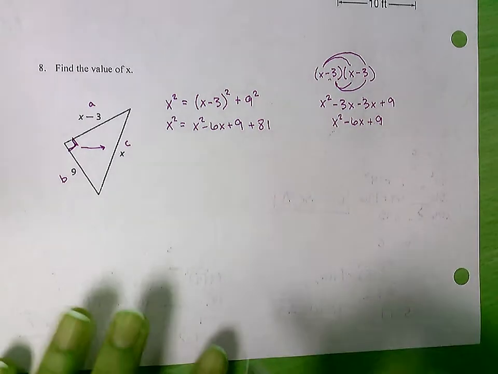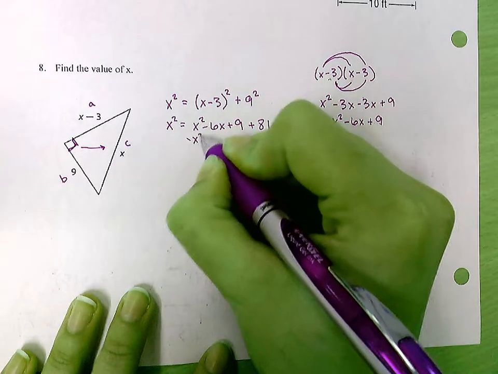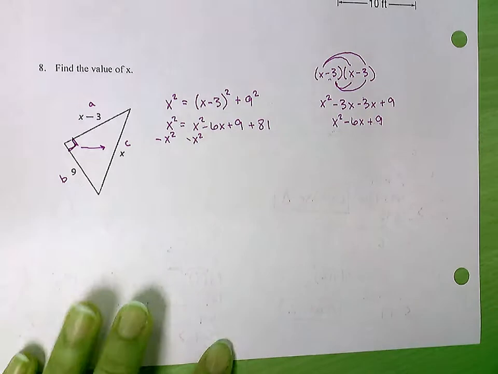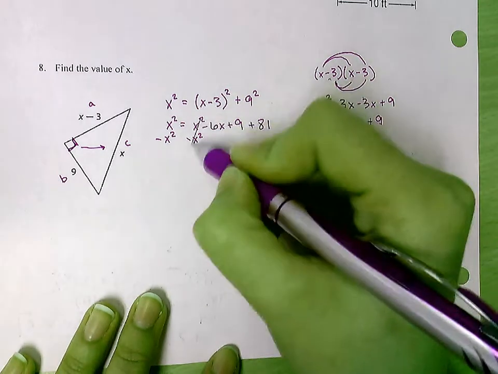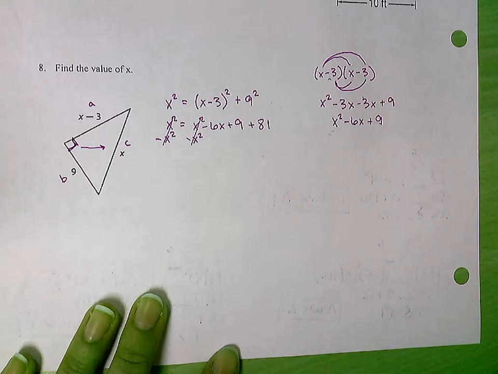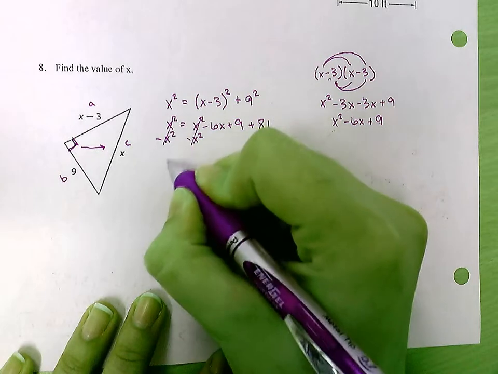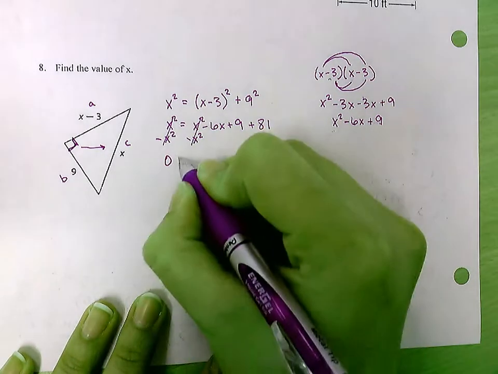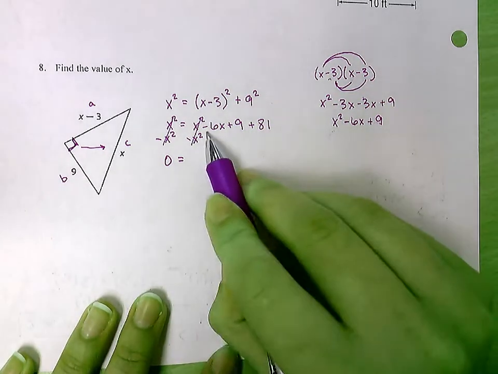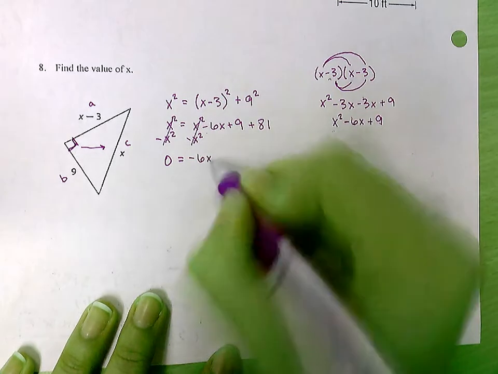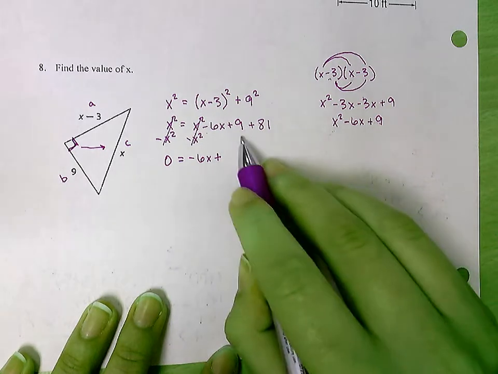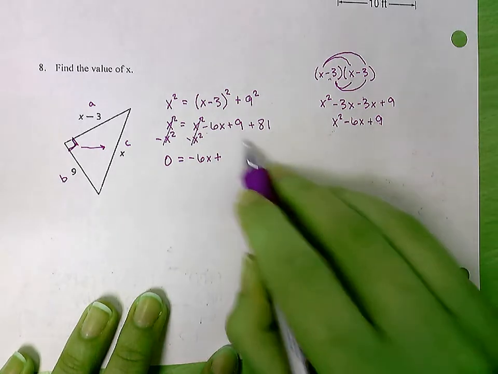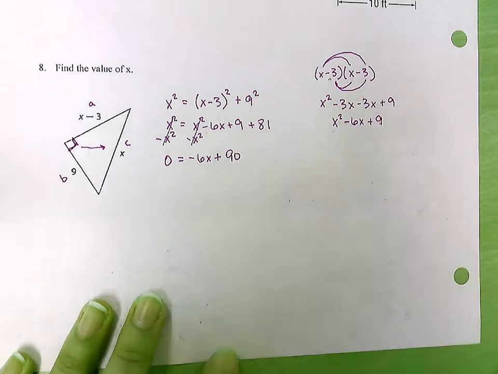First thing that I'm going to do, I'm going to subtract x squared from both sides of my equation. What happens? They cancel out. Okay, so now over on this side I have a 0 equals, I still have this minus 6x plus, can I combine these or do you want me to not combine those right away? Okay, plus 90.